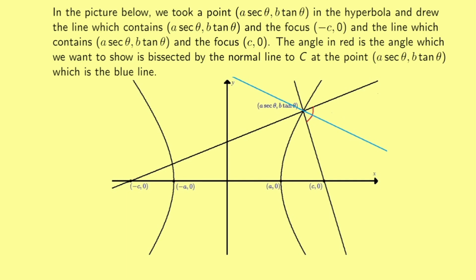This is something we won't do, but it's kind of obvious geometrically. You can try drawing this at any point of the hyperbola, and you get that this line must be external to this triangle. Okay, so we have that this normal line cuts this angle in two parts. And we are going to try to find a relation between these angles and see what we can do.